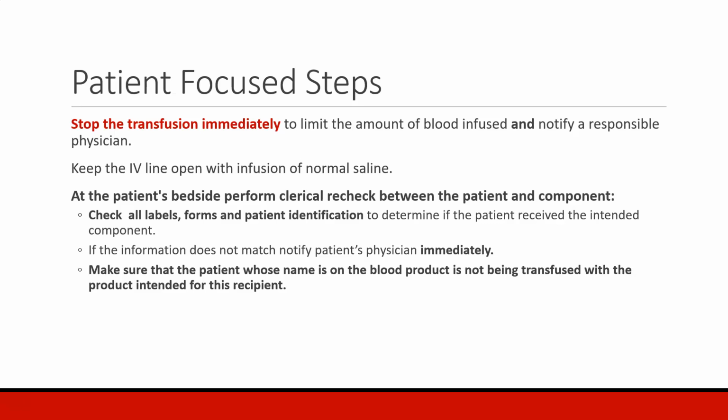Make sure that the patient whose name is on the blood product is not being transfused with the product intended for another recipient. Perhaps the nurses checked it in the hallway and they end up taking the wrong product to the wrong room, and 2 patients are now at risk. So again, I told you the story.